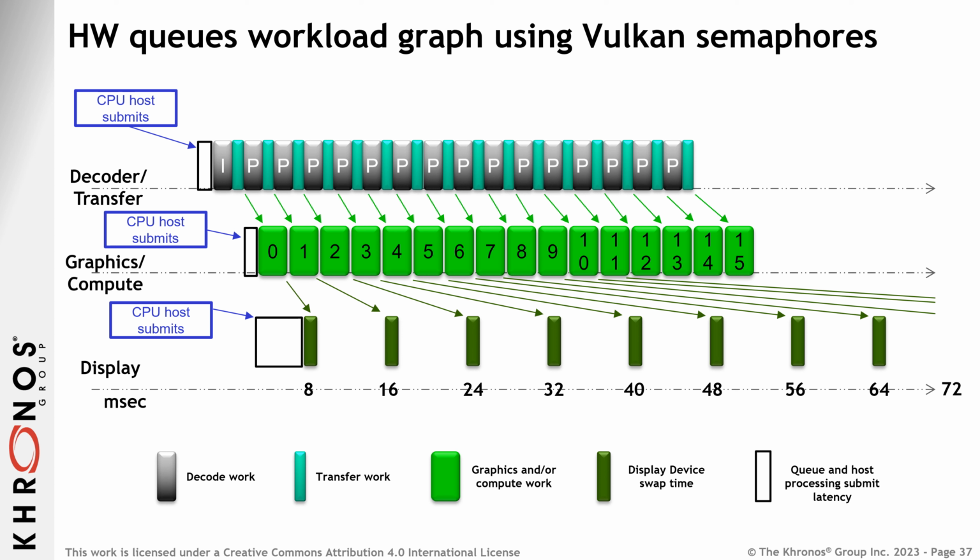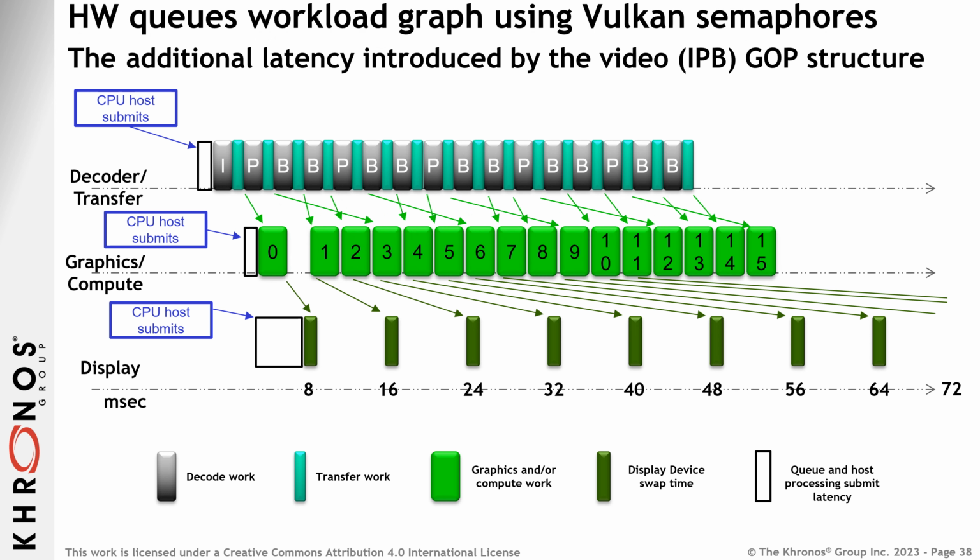One may have noticed that this diagram handles a compressed stream with IMP frames only, where the decode and display ordering is the same, making the solution much simpler. In reality, most of the contemporary compressed content will have a more complex group of picture structures containing B-frames in addition to intra and predicted frames.